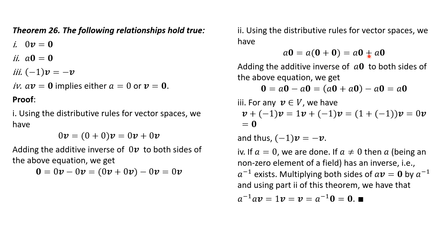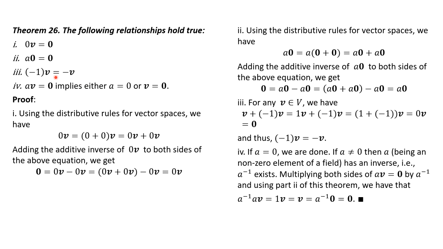And then you use the distributive law, you get this. Then using the same idea we did here, we add the inverse of a times the vector 0 on both sides. On this side, you cancel out and you get a 0, and on this side, you just get something minus itself and you get 0. So that proves the second one.